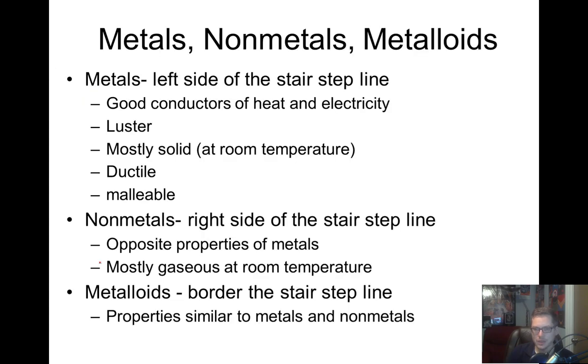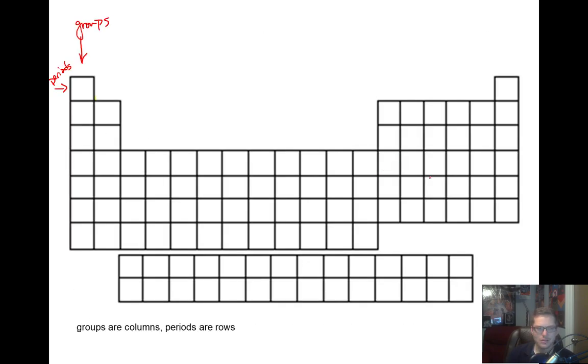So let's see, what else can we do here? We've talked about several of these things before. We know that there's an imaginary stair-step line that goes like this. And we know that these elements here on our imaginary stair-step line, let me just make sure I'm shading in the right ones, here and here, are metalloids, the ones on either side of the stair-step line.